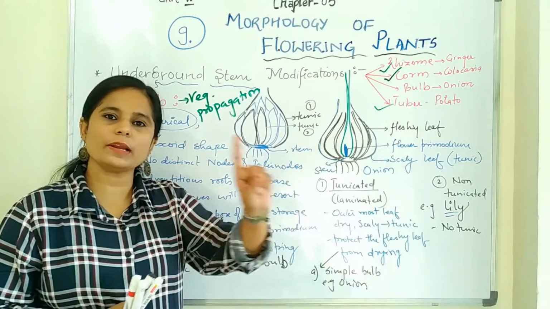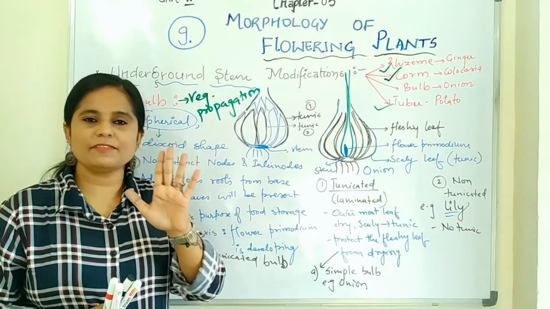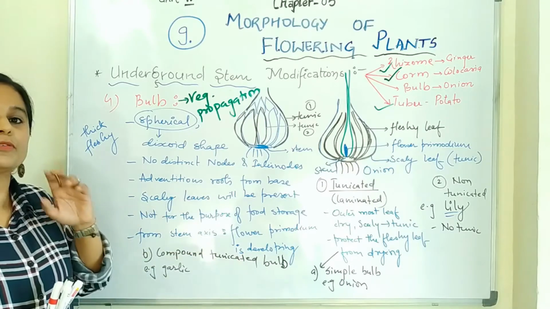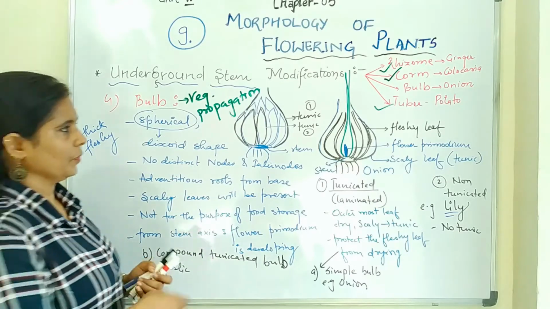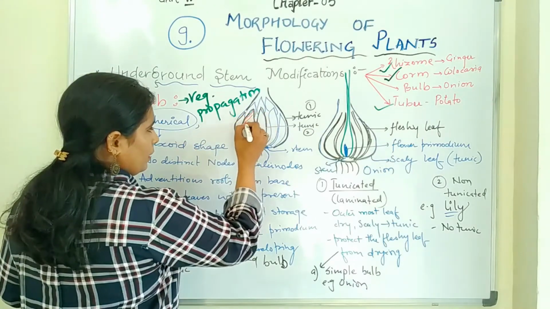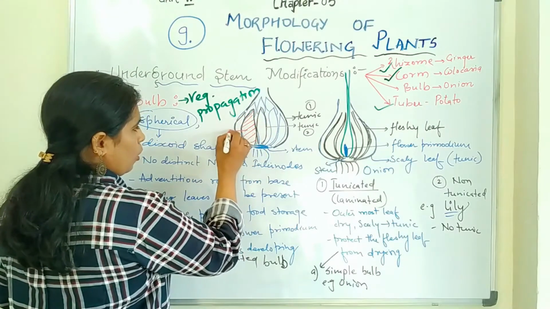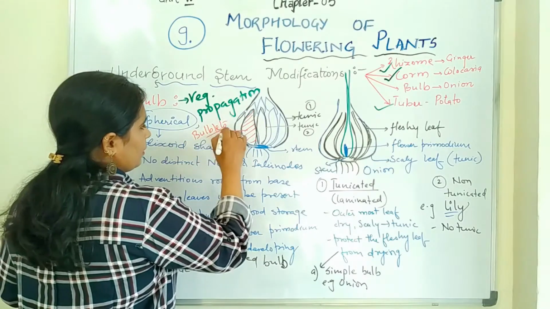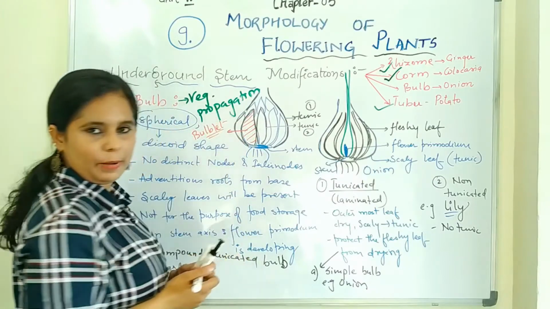Here in simple, only one leaf is there, one tunic is there, whereas in the case of compound you will see two tunics. Then in this case, the clove will be called a bulblet.